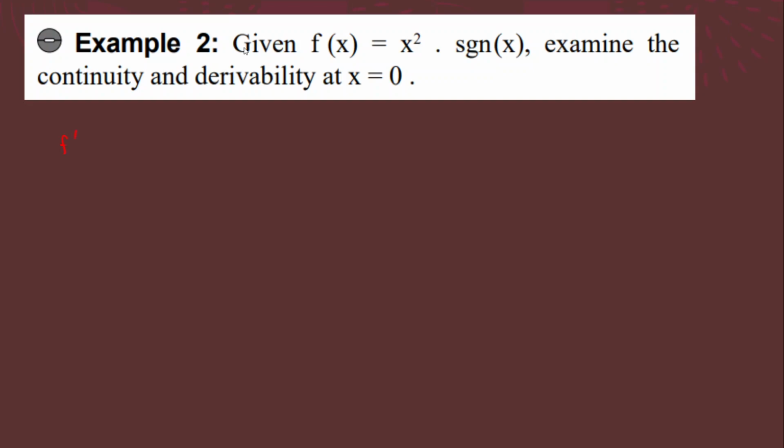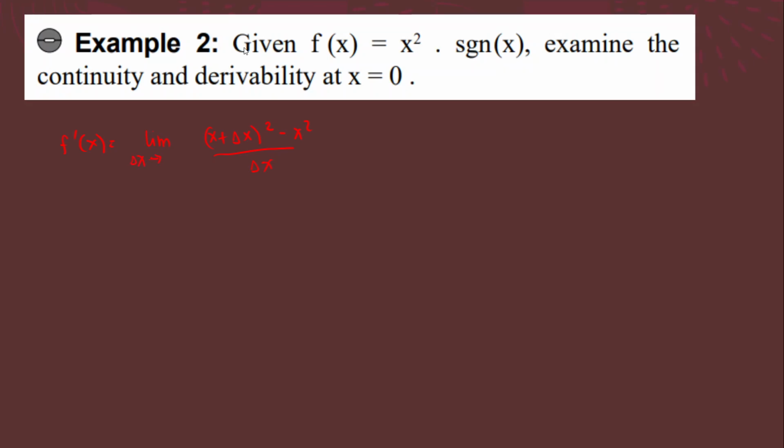F prime of x is equals to the limit of (x plus delta x) squared minus x squared all over delta x when delta x approaches 0.